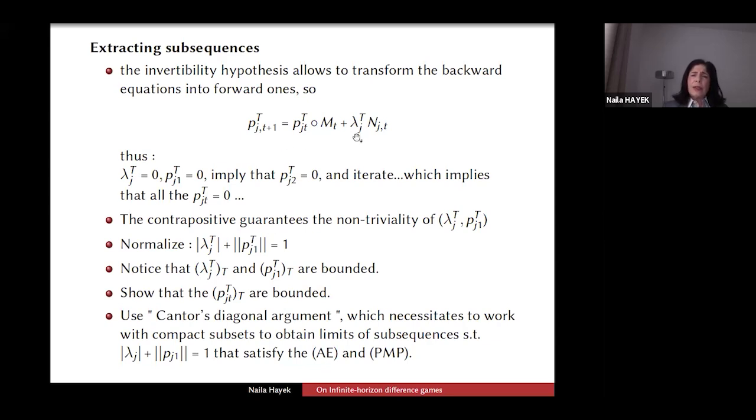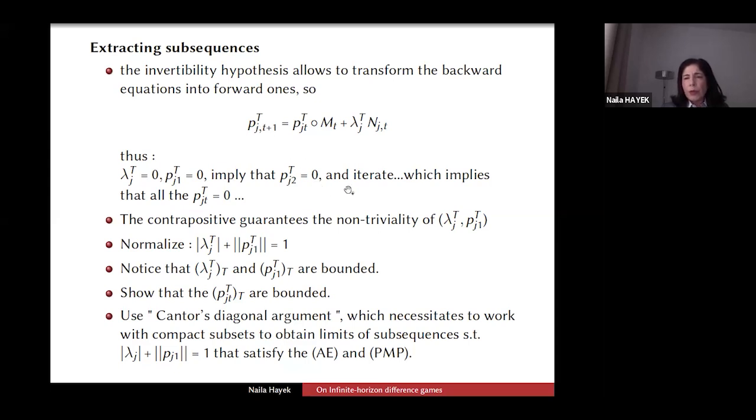So since I have done this, I will get the following result. Assume that lambda_j^T and p_j^1,T are both 0. So assume that the multiplier, the lambda_j multiplier, is 0, and p_j when small t is equal to 1 is equal to 0. This, if you notice very quickly here, will imply that p_j^2 is equal to 0.